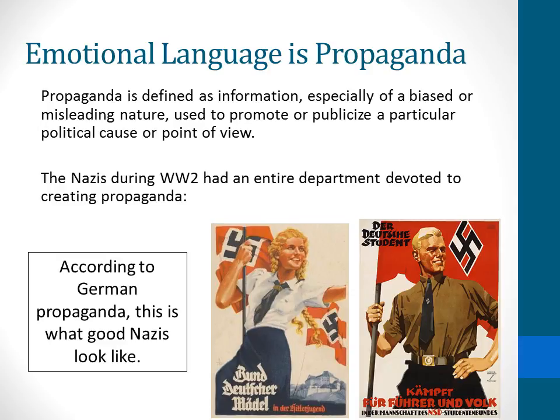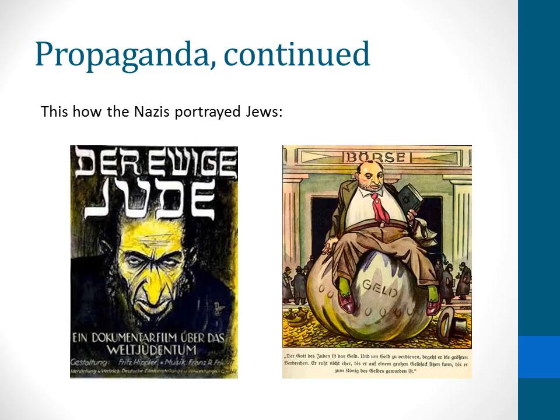Basically, what you would see in a catalog these days for Abercrombie and Fitch or Hollister. And of course, this is how the Nazis portrayed the Jews. Whether or not you have any knowledge of what happened during the Holocaust, you can tell who the good guys are and who the bad guys are, according to the Nazis.